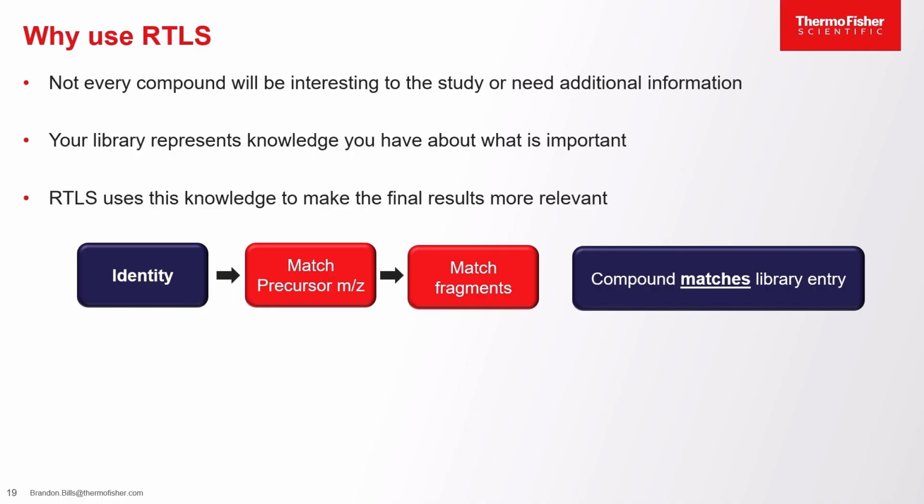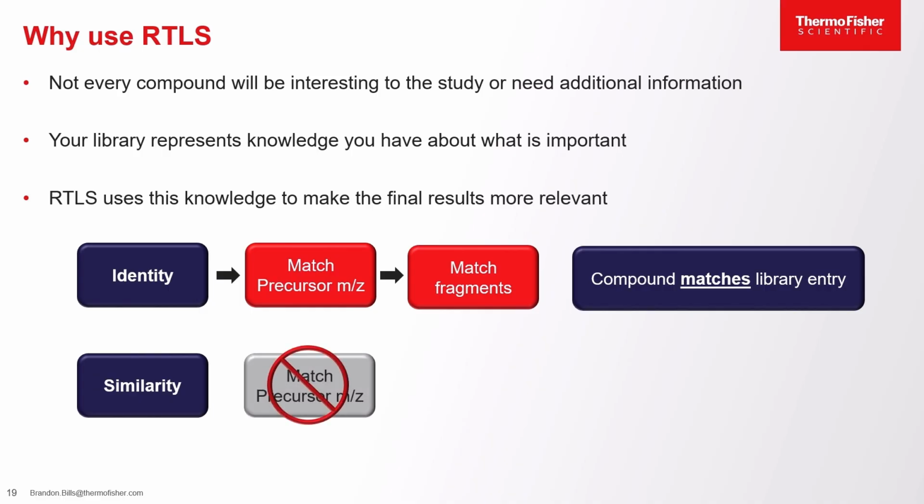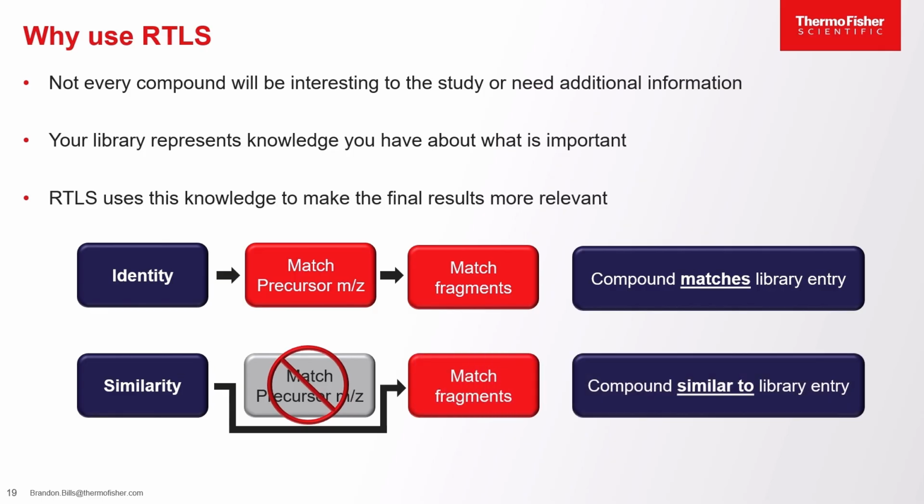The next experiment, the one we're going to focus on more today, is a similarity type experiment. In this, we don't care if you match the precursor m/z. We're only looking at the fragments. The reason being is those fragments tell you that there is some sort of structural similarity between the library and your experimental results.